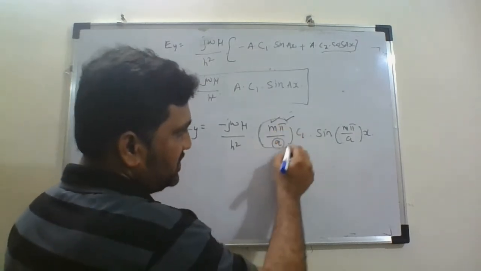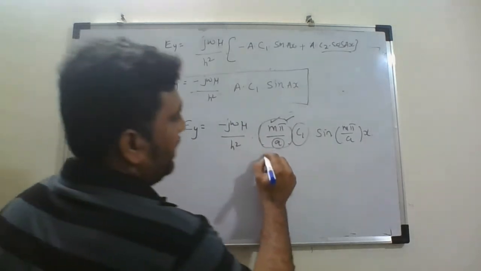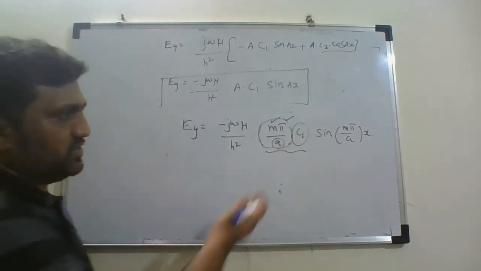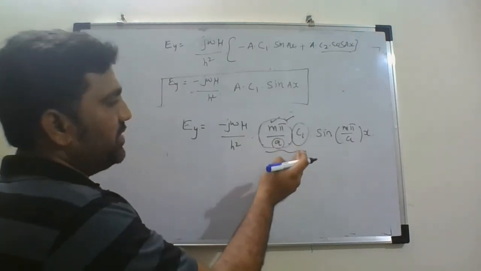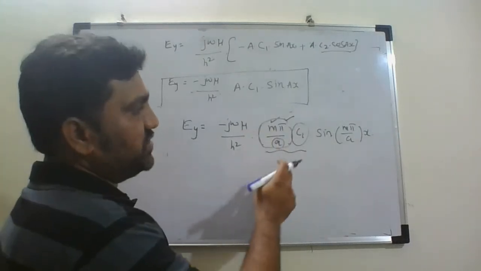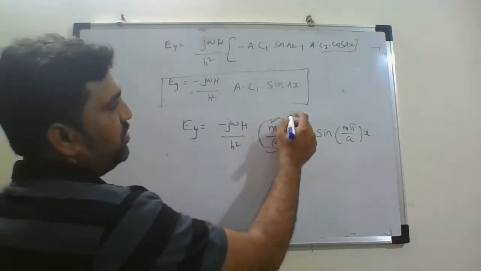All these are constants, and C1 is also a constant. A constant multiplied by another constant gives a constant value. There is nothing depending on X, so this yields a constant term.